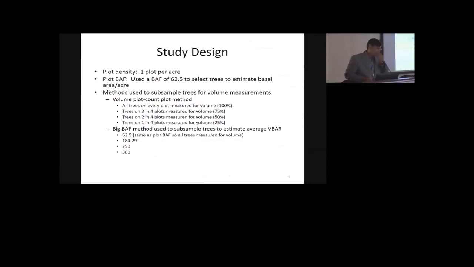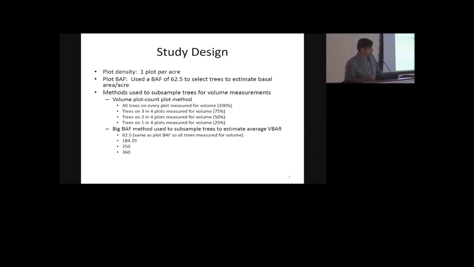Okay, so I wanted to study this because typically when we cruise timber, we select a sampling design, and that's what we do. We might pick a basal area factor to cruise our plots, and then we'll pick a big BAF. Maybe it's 3 times the basal area BAF, or maybe it's 4 times, but that's what we do.